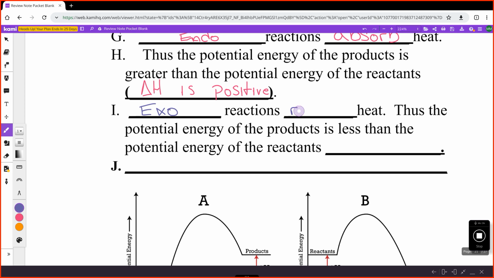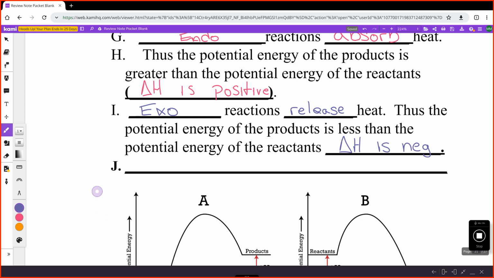And because over the course of a reaction, if energy or heat is being lost, the potential energy of the products is going to be less than the potential energy of the reactants because we've lost that energy, and delta H is negative. The total amount of energy over the course of a reaction will be less than what you started with.